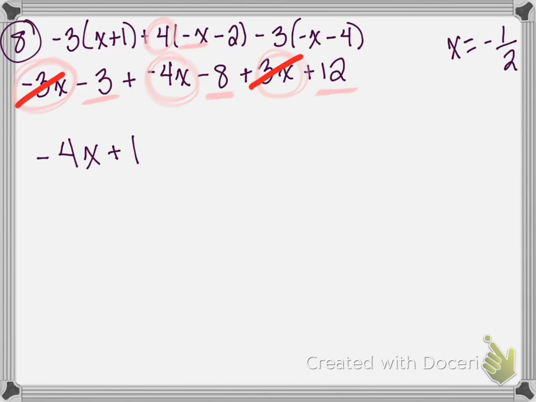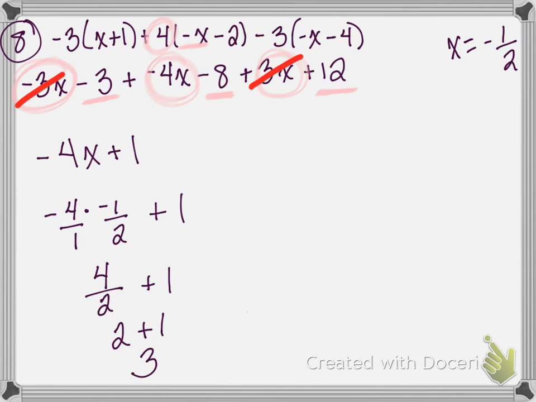So now I'm going to put that negative 1/2 in. So I have negative 4 times negative 1/2 plus 1. Okay? Negative 4 times negative 1/2 is positive 2, plus 1. So my answer here is 3.